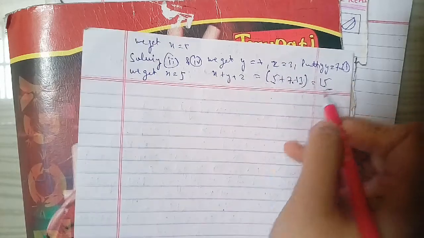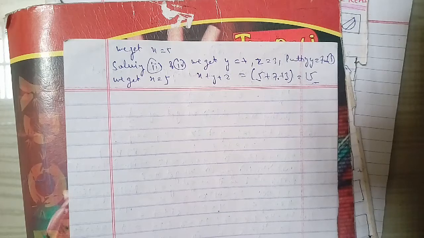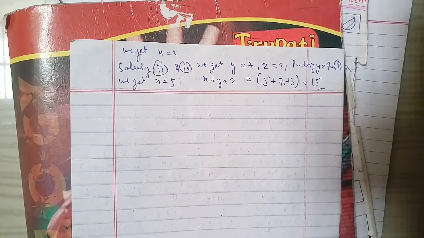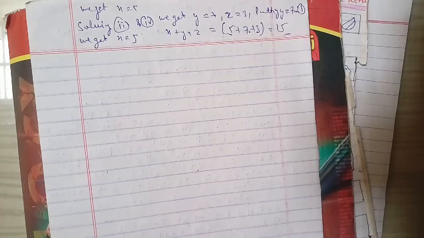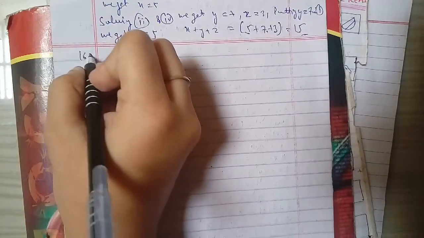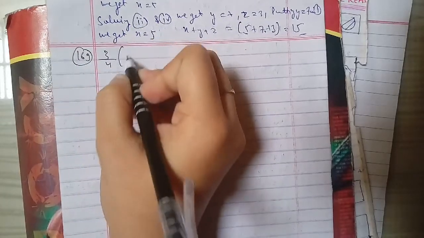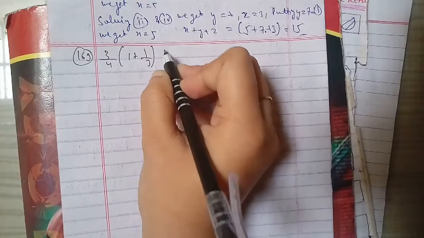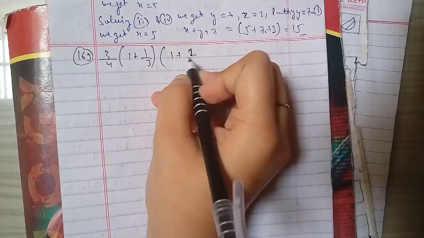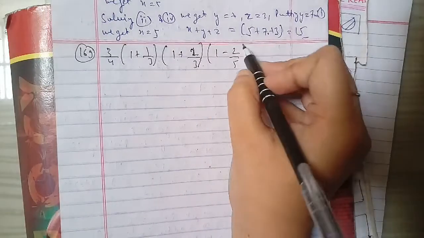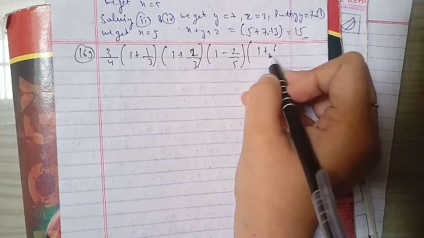Now we'll go ahead with another question, which is the 169th question of the session. The question we have here: 3 upon 4, 1 plus 1 upon 3, 1 plus 2 upon 3, 1 minus 2 upon 5, 1 plus 6 upon 7, 1 minus 12 upon 13, question mark.